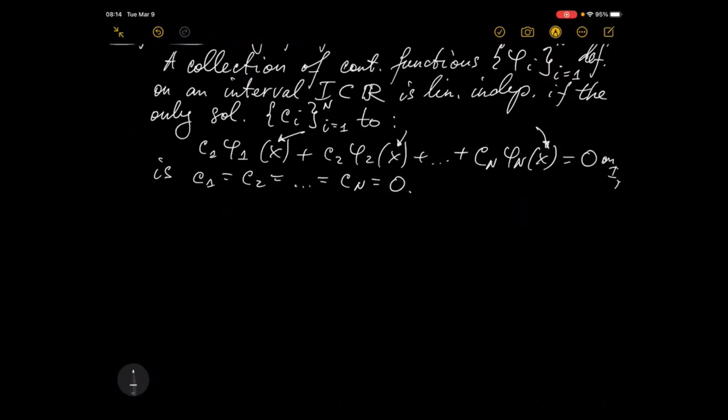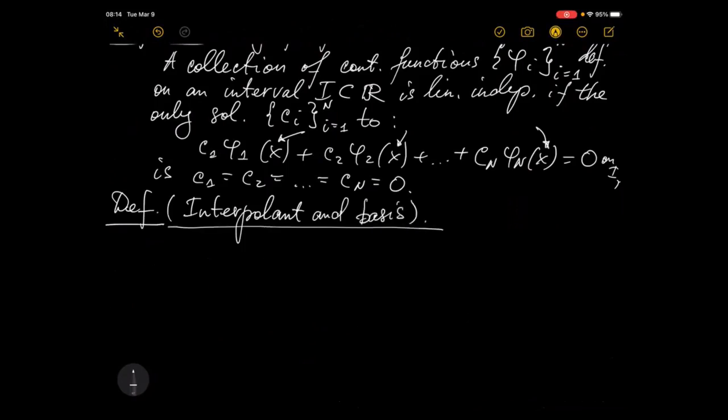Okay, and now the last definition, the definition of interpolant and basis. Pay attention, you don't need to write it down, because all this is already available in the lecture Interp 1.